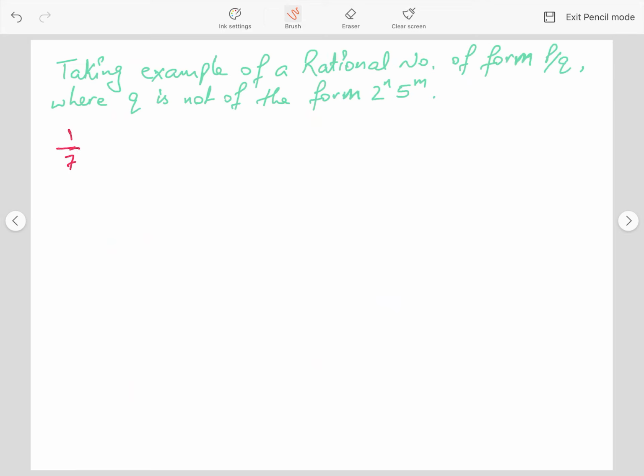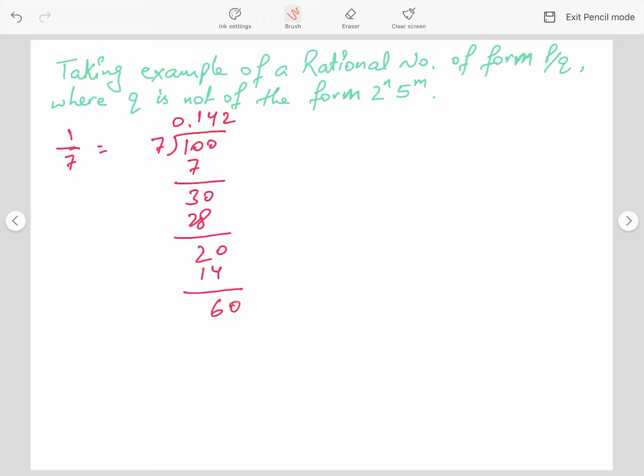Now when we divide 1 by 7, we will put 0 point. Now we will get 3. Again we are unable to divide, so we will take another 0. So that will be 4, 28, 2, another 0 we will take. So we will get 14, then 6.